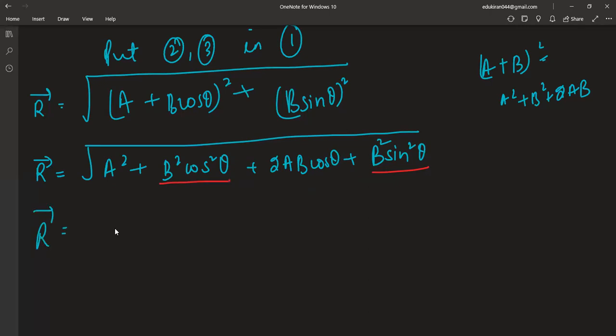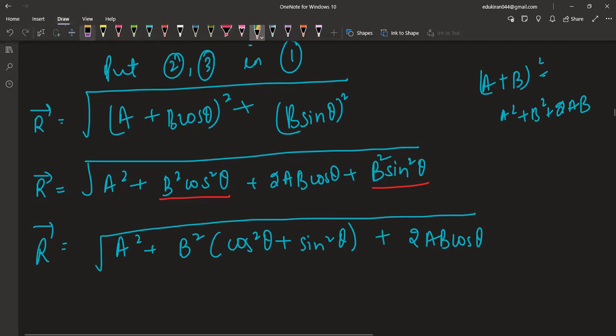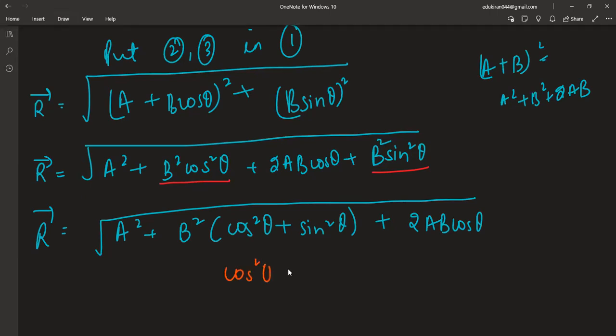So what will the resultant now be? See, A square was already there. Among this, we have taken B square common. So what is left? Cos square theta plus sine square theta plus 2AB cos theta. Now class, can any one of you tell me what cos square theta plus sine square theta is? Anyone? 1.